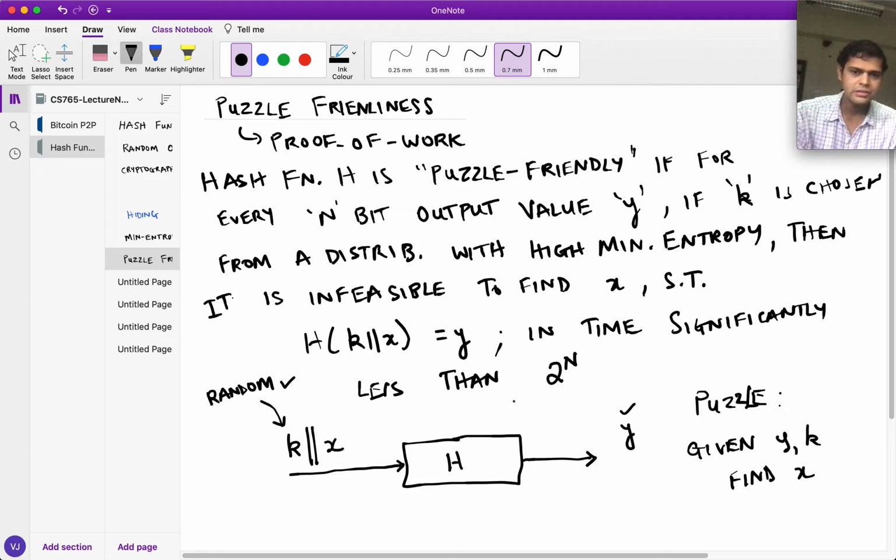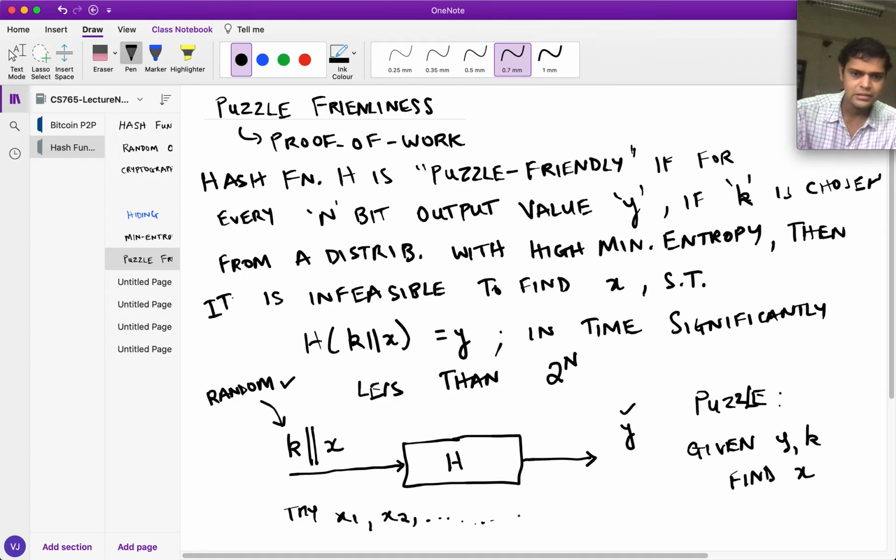So how would you do this in practice? If the hash function is something like a random oracle, what you would do is try a particular value of x, check its output, see if it's equal to y, and probably it's not going to be, right, because it's like searching for a needle in a haystack. So you try x1, it doesn't work, you try x2 and so on, right?